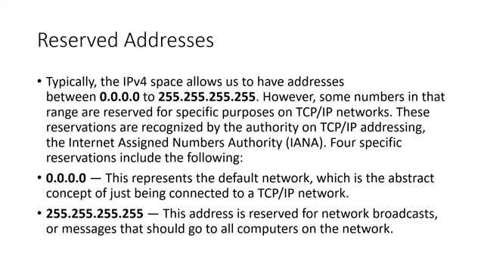So when you take 0.0.0.0, this represents the default network, which is the abstract concept of just being connected to TCP/IP. So the fact that you are connected to TCP/IP means that you are connected to 0.0.0.0.